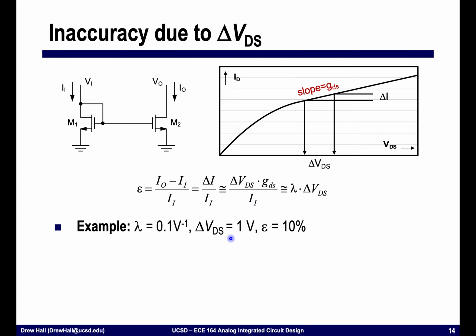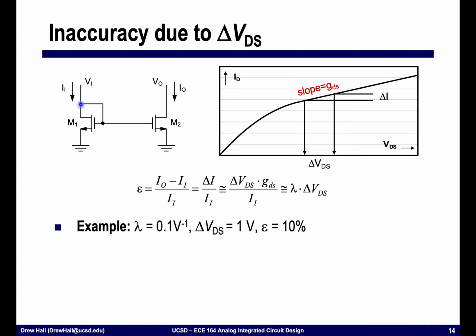All right, so let's come back to our structure and look at potentially what some of the errors are. In the first slide, I ignored channel length modulation in order to get the concept across, but let's revisit this and look at what happens when we do start to include channel length modulation. So with this structure, this node is going to be set.